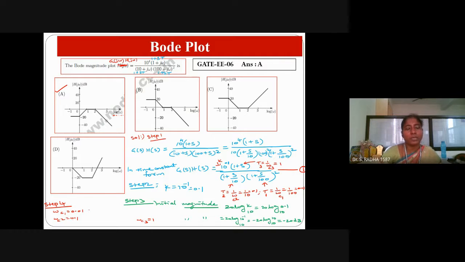If you apply a logarithm to this, what will happen? Because the x-axis is log omega.